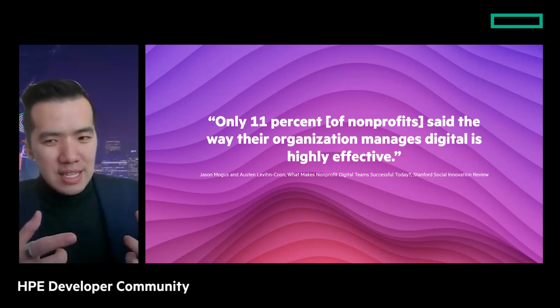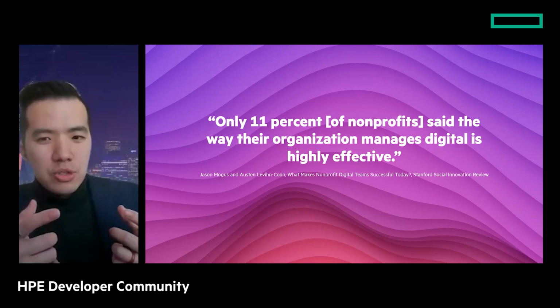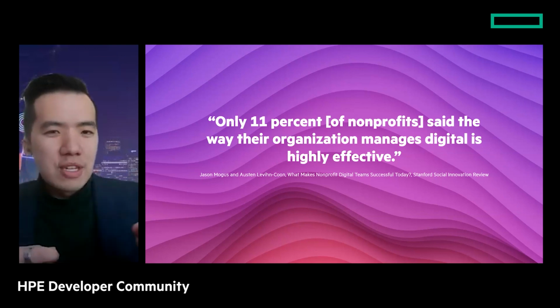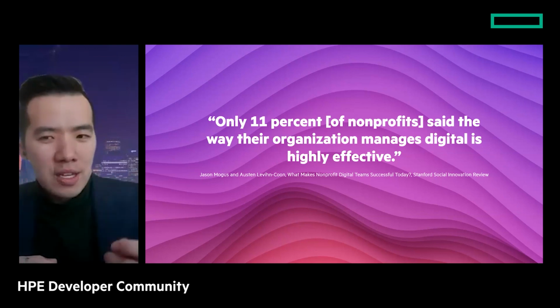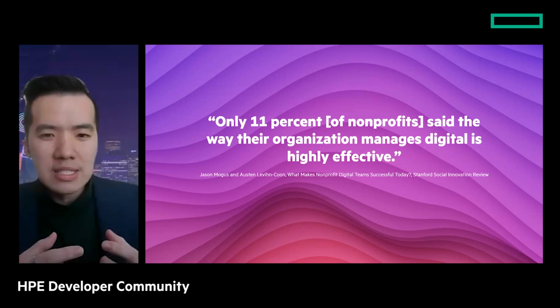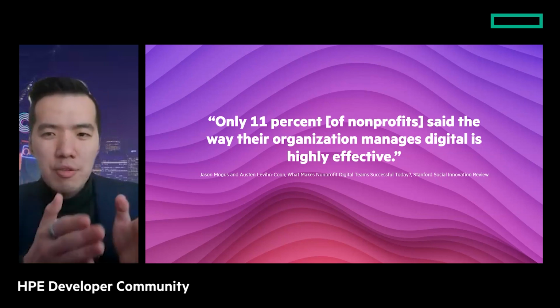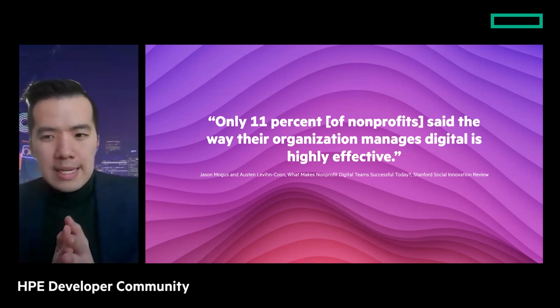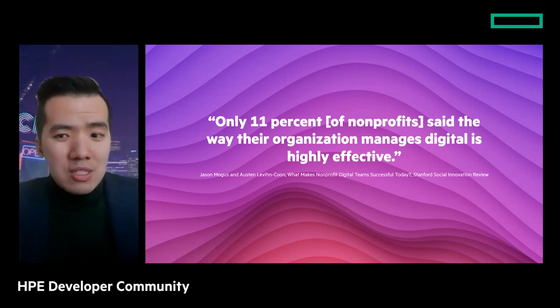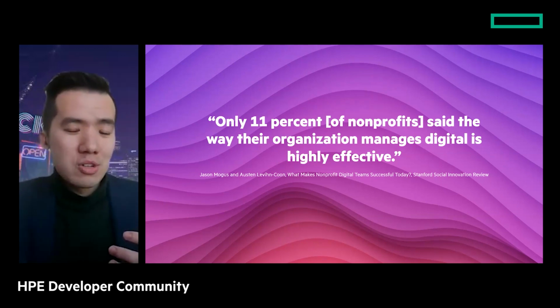You might even say that their ability to collect and use data is almost a life and death situation, right? It affects their ability to deliver crucial services to communities in an efficient, effective, and urgent way. But right now, most nonprofits don't have the right data architecture or even know where to start necessarily.